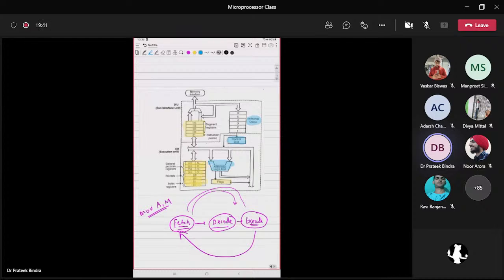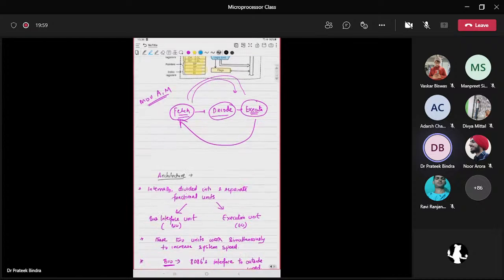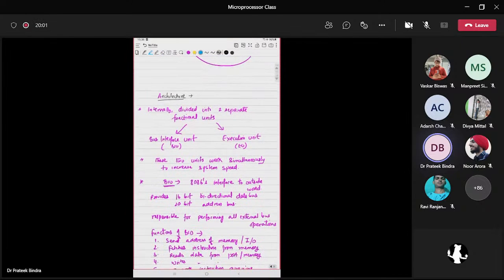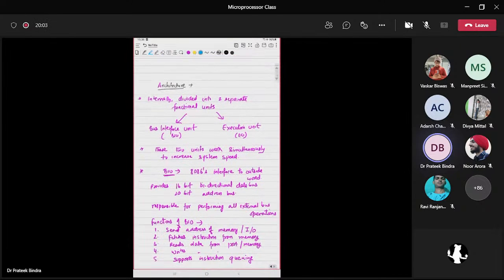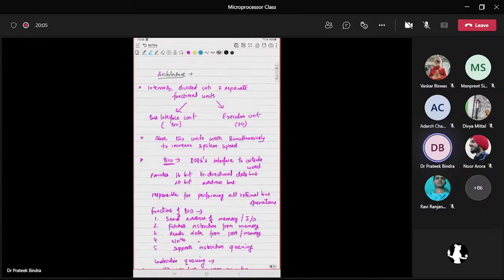Okay, now in this particular diagram we want to see the flow. What is the flow of execution of an instruction? So how is the program basically executed, right? We will see that, but for timing we will first start with a bit of theory, then we will come back to this diagram. I've written a bit of theory, which will take 5-10 minutes, so I'll quickly read it out for you to explain what it means.